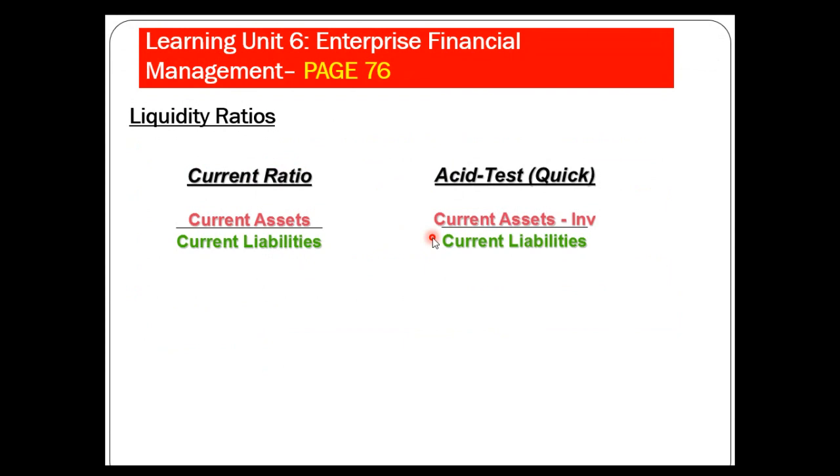For example, if you need assets, you need to be given the statement of financial position for you to extract the figure for the current assets so that you can calculate these ratios. So your role at the moment is to know the formula so that you know which information to use.